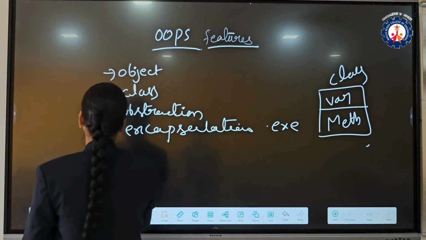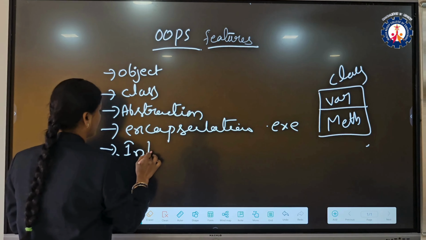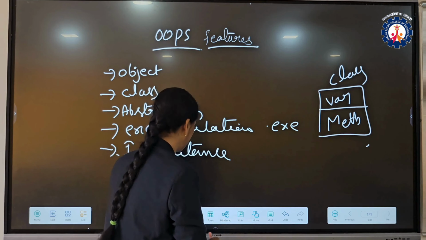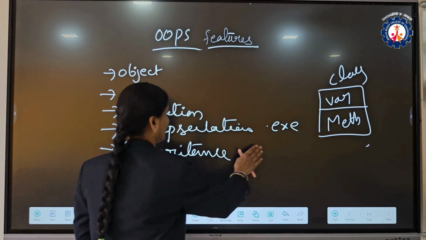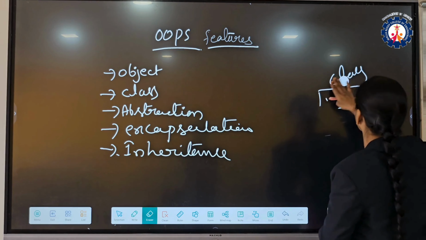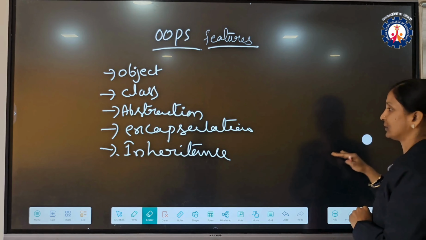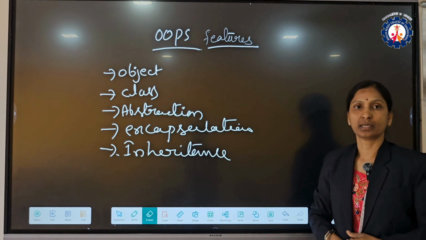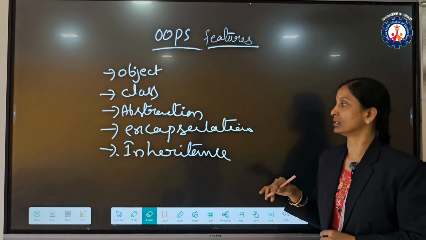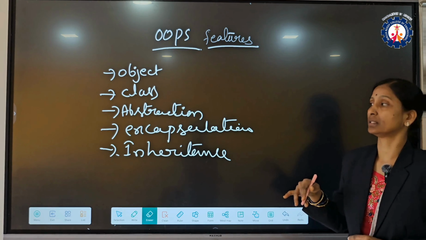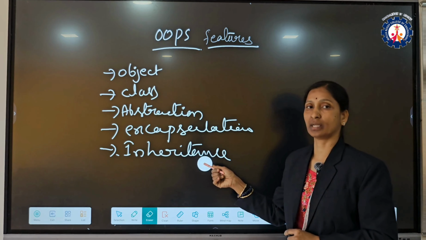And the next feature is inheritance. Inheritance is nothing but acquiring the properties of one class into another class. In the OOPS concept, we can access the properties of one class in another class using this feature, inheritance.